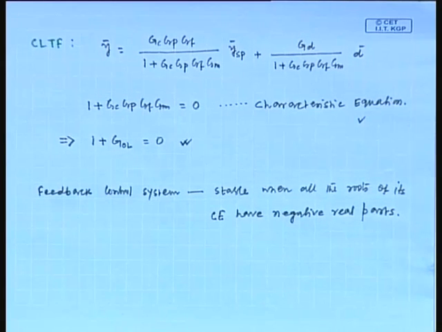A feedback control system is said to be stable if all the roots of the characteristic equation lie in the left side of the complex plane.